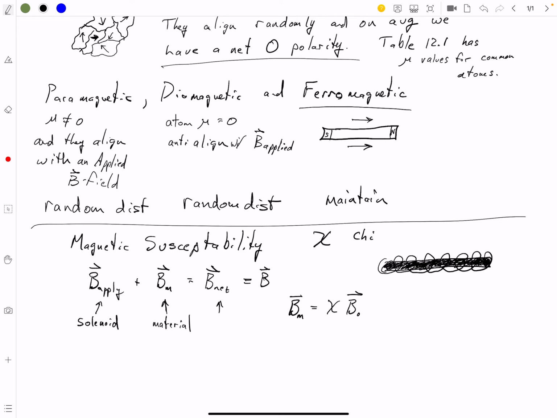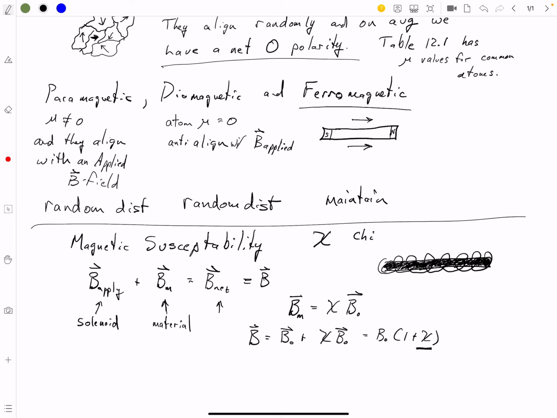So if we were to look at our net B, we're going to use that same equation for net B. Now we've got our B0 plus chi times B0, which gives us our B0 times 1 plus chi. So that is our susceptibility to the magnetic fields.